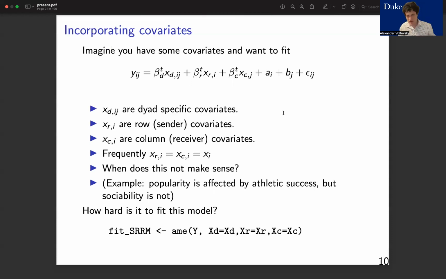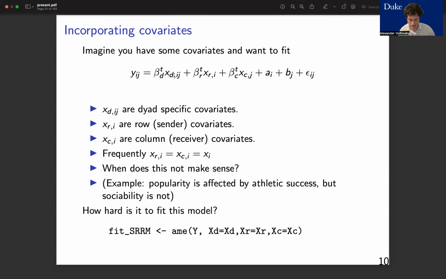Once you want to introduce covariates, you do this in a way that's very similar to any other type of regression problem, except that now instead of just having an X transpose beta type of term, you might think about separate types of covariates. So you have dyadic covariates.